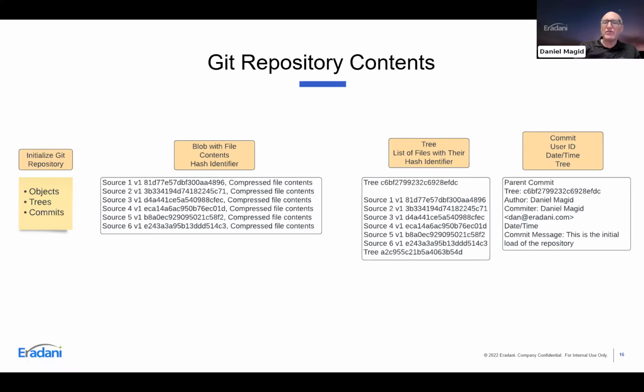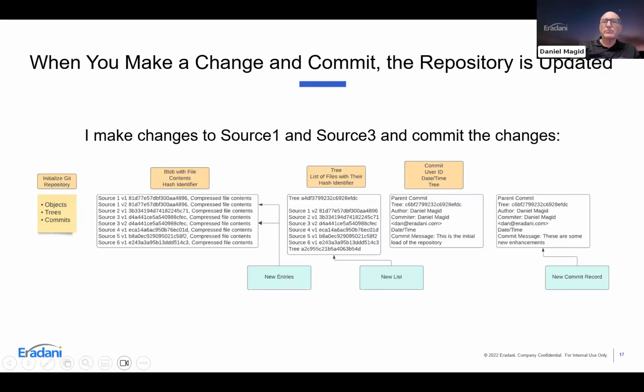So basically, if I go from there, so what I've got now, if you look at this, and I don't know if you can see this real well, but down here you can see I've got source 1. So I changed source 1. So I now have a new record for source 1, which is the version 2 version of source 1 with its unique hash identifier.